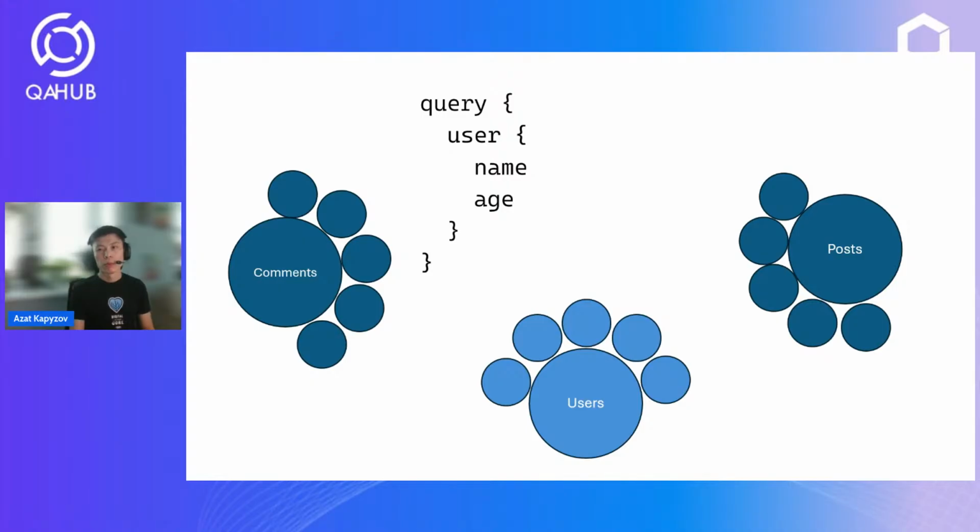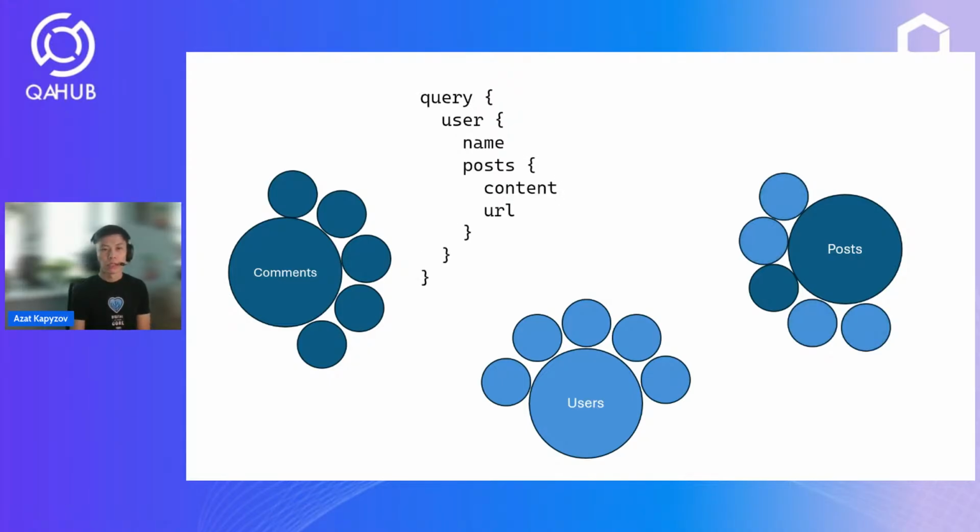But what if we want to also get associated posts of these users? In GraphQL, it's really simple. So in this case, our query will be a little bit modified. In user, we specify that we want to get a name for each user, and also we want to get a post of this associated user. So if we want to demonstrate it graphically, let me take a pen.